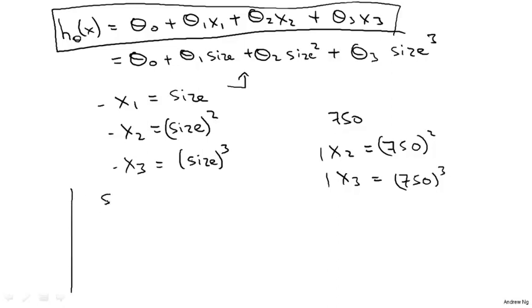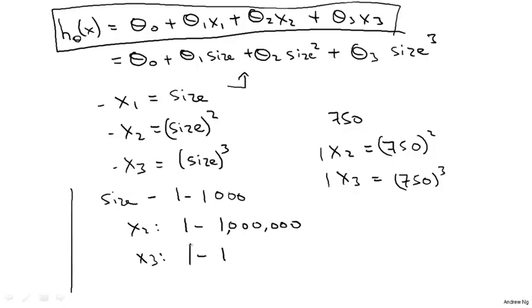Just one word of caution. Suppose the size of a house ranges from 1 to 1,000 square feet, say, instead of 2,000, let me just say 1,000. Then notice that x2 will range from 1 to 1,000,000, right? That's 1,000 squared. And x3, if it's the cube, will range from 1 to, let's see, 10 to the 9.